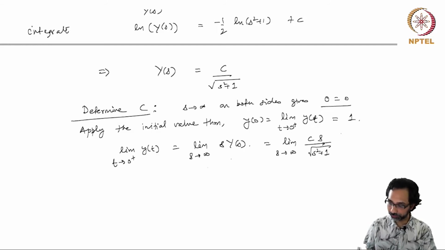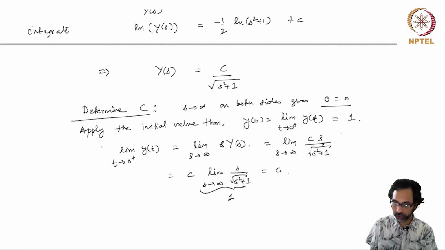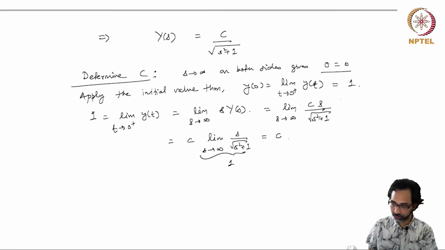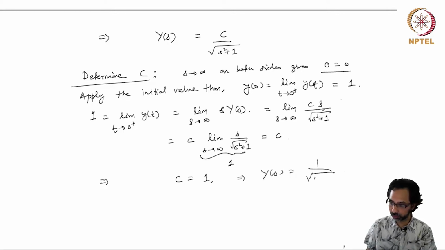So this is c times the limit of s over square root of s squared plus 1, which is simply 1, so you only get c, and on the left hand side you get 1. This means that c equals 1, and so Y(s) is simply 1 over square root of s squared plus 1.